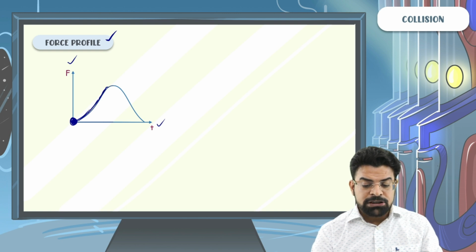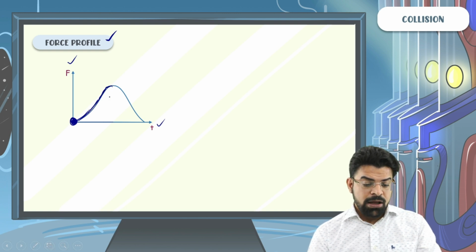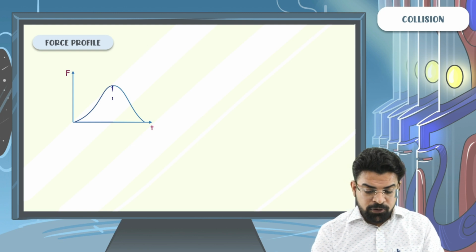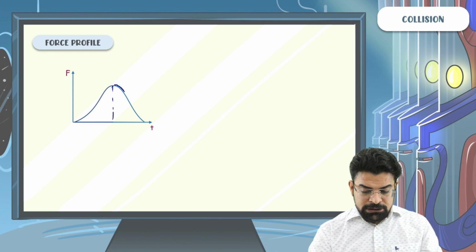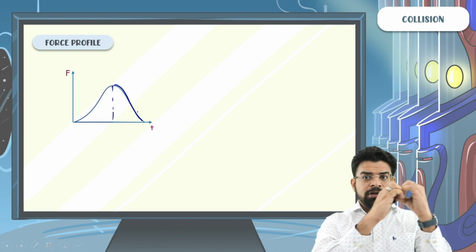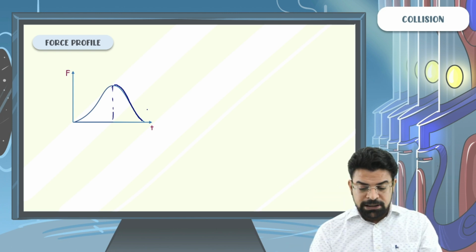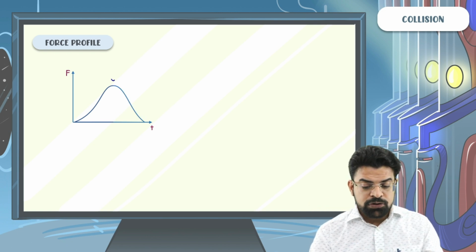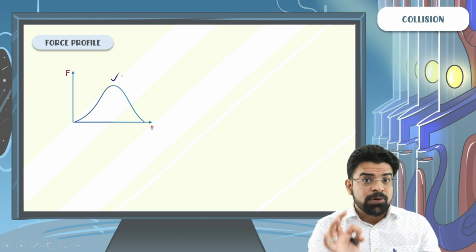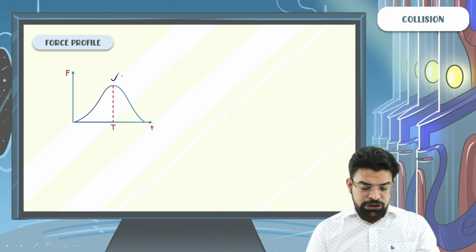As the deformation increases, the force increases. At the time of maximum deformation, the force becomes maximum. And as the bodies start to reform, the force decreases and then drops to 0 and then the bodies separate. So the force first increases, becomes maximum, and then decreases and drops to 0.